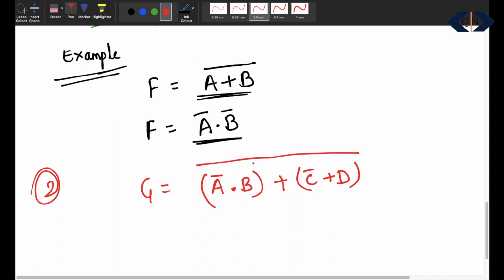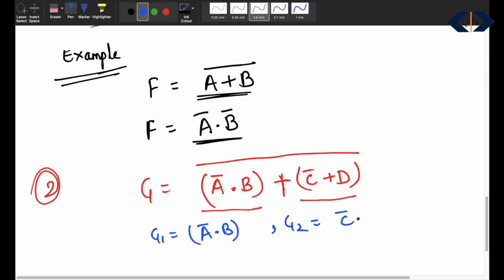So how will we utilize De Morgan's law here? From here you can see that this is one expression, this is a separate expression, and we have an OR sign and a bar sign. So can we write it like this, that G1 equals A bar dot B and G2 equals C bar plus D? Can we write it like this?